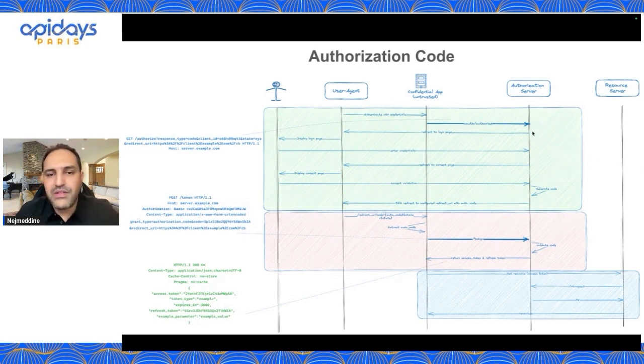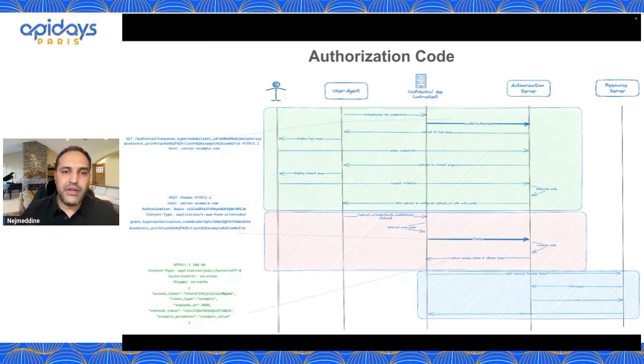On the authorization server side, we will first validate that the client ID is a good client ID, and also validate the redirect URI, and after this verification and validation, we will ask the user to log in.